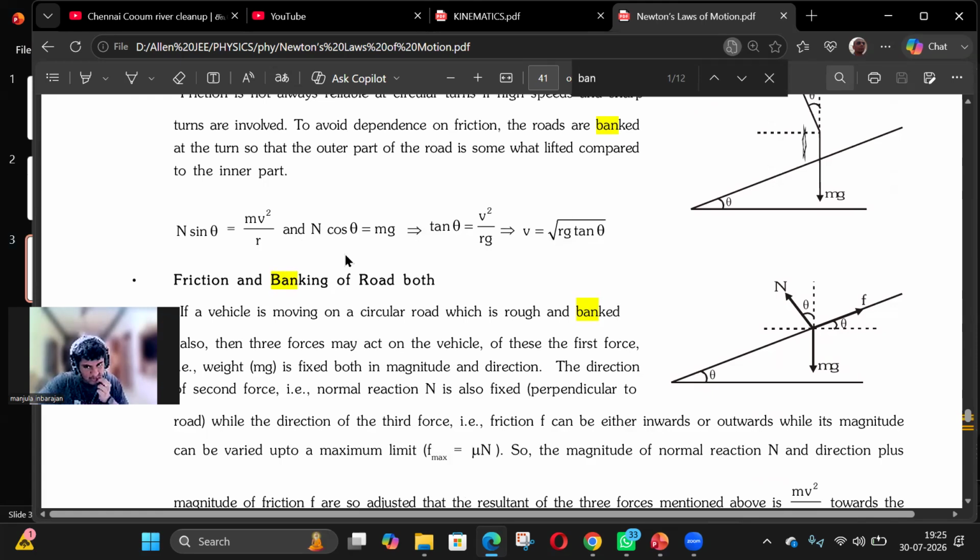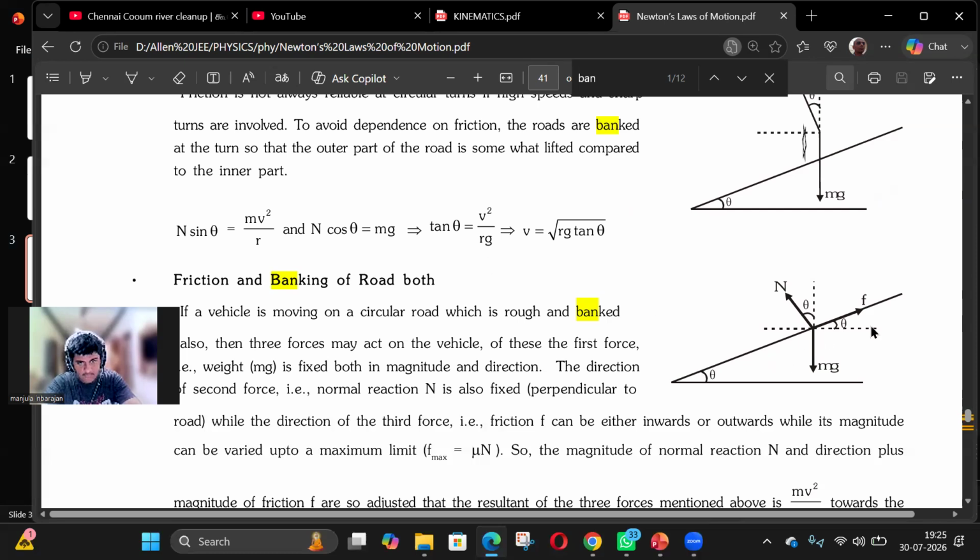Okay, we are taking the components along the horizontal and vertical directions. So N cos theta is along the vertical direction, which is balanced by the weight. The forces acting on this vehicle are the normal reaction, mg, and the friction force, and also the centrifugal force.